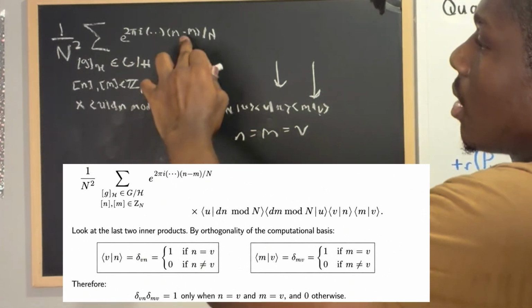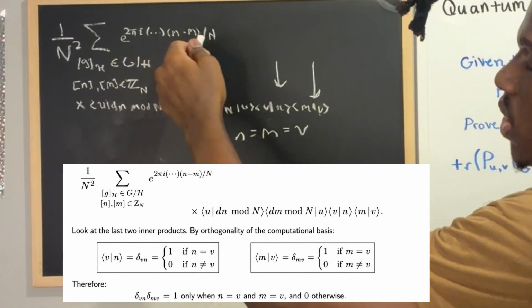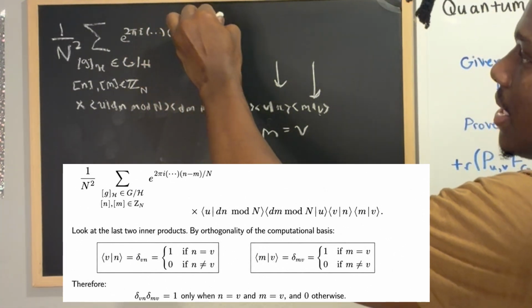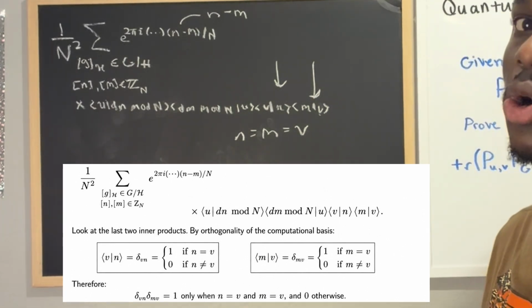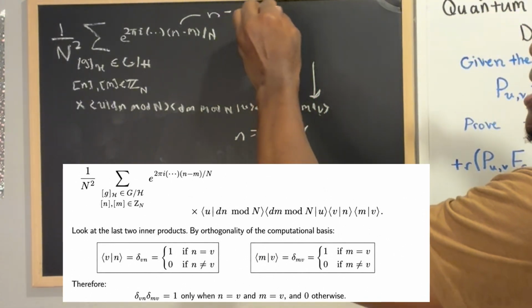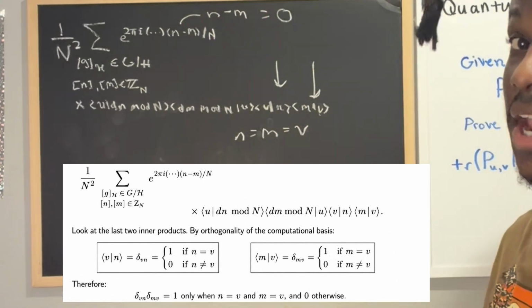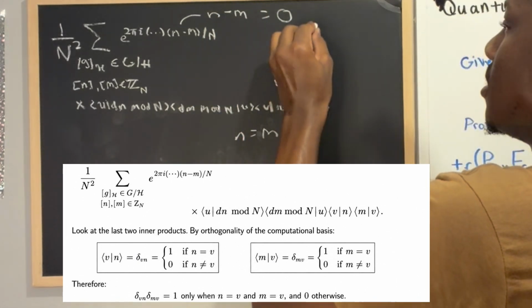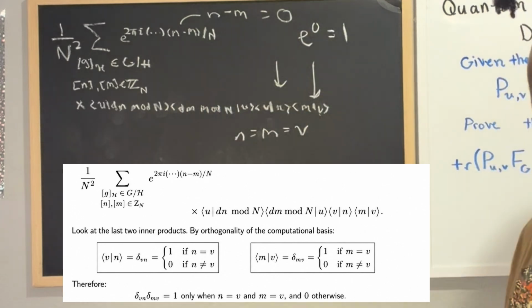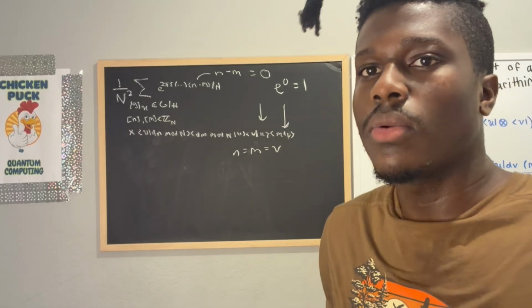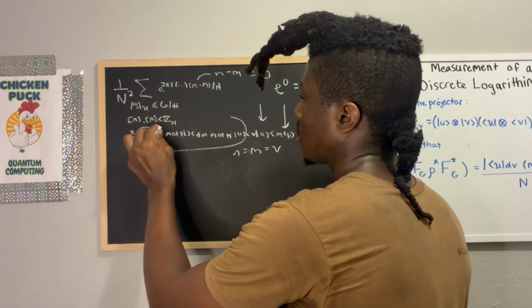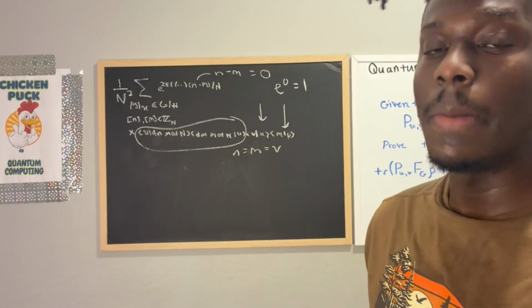Looking at our complex exponential here, its relevant phase contains the n minus m, right? But n equals m, so therefore n minus m equals 0. Therefore, e to the 0 equals 1. So even this phase will disappear. So then what remains? This. Okay, we're going to blow that up and explain it.